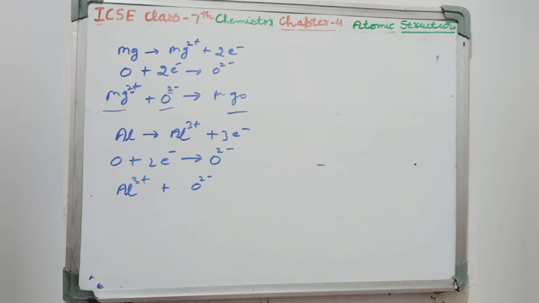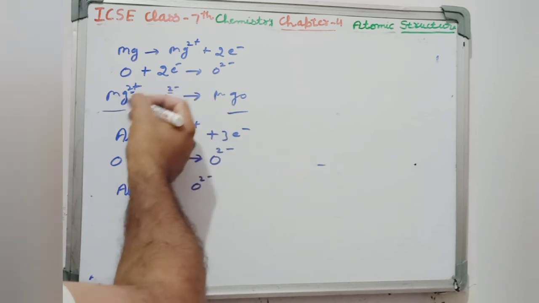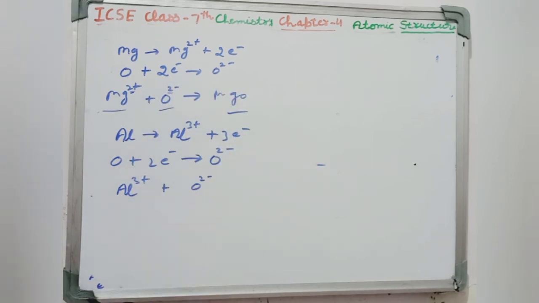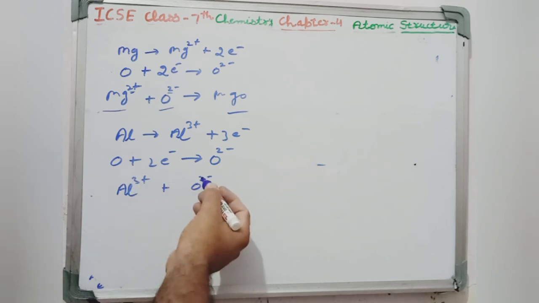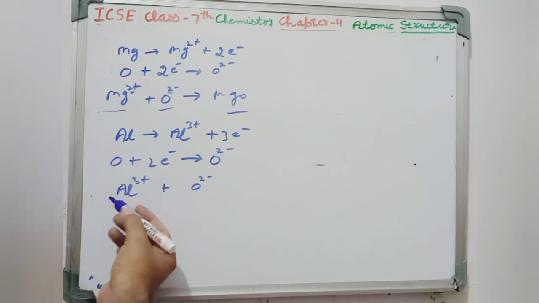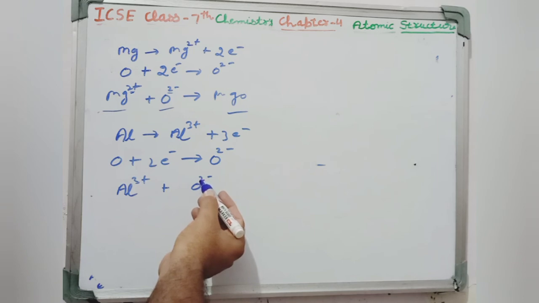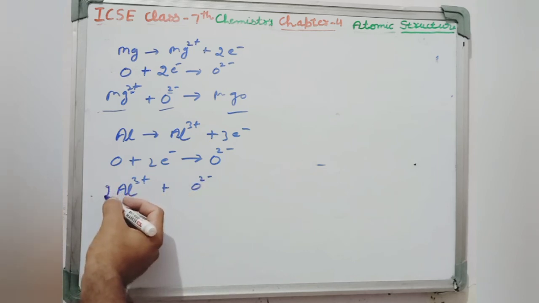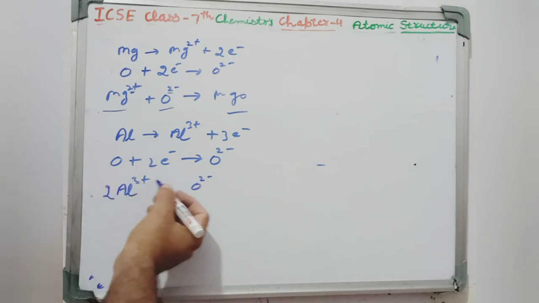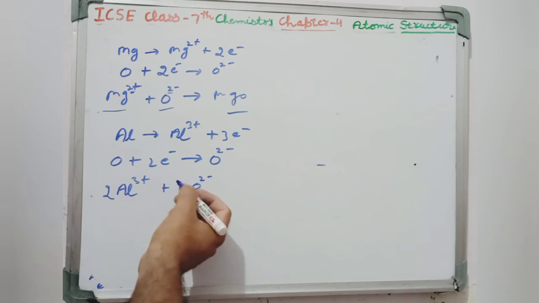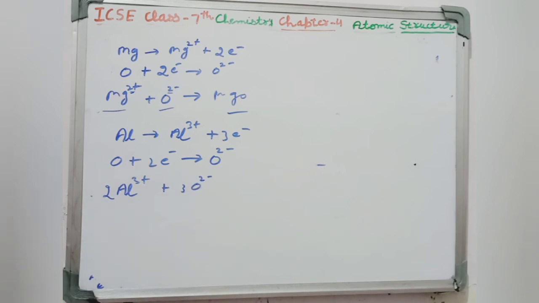Now in the previous case they were similar and cancelled, but this is dissimilar. So what do we do here? We have to make them stable. This is 3, this is 2. We will multiply this by 2, 3 to the 6. Now this by 3, 2 to the 6. Make them similar. Right?